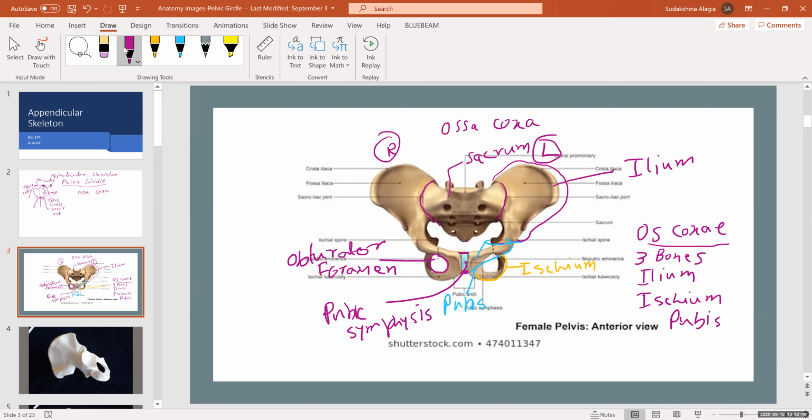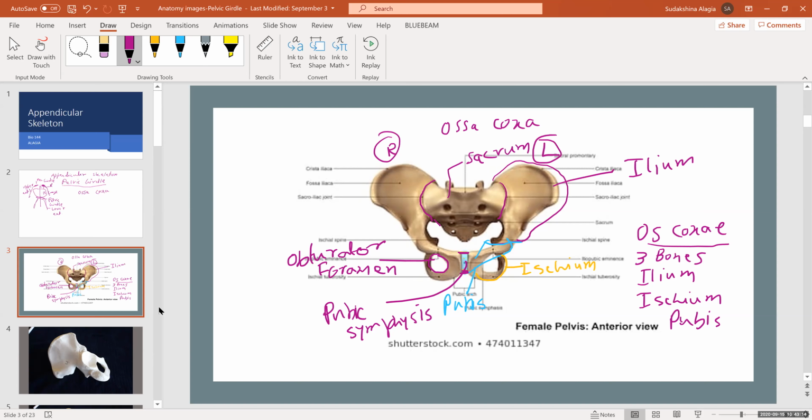Obturator foramen. And a third identifying factor is acetabulum, but that's not clear when you are looking at these two ossa coxa from the anterior view. So let's change and look at a single os coxa here.